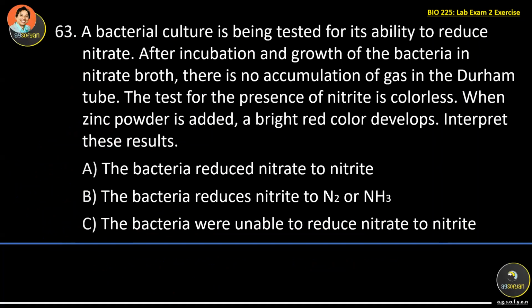A bacterial culture is being tested for its ability to reduce nitrate. After incubation and growth of the bacteria in nitrate broth, there is no accumulation of gas in the Durham tube. The test for the presence of nitrite is colorless. But remember, colorless means that maybe it is reduced or maybe not. When zinc powder is added, a bright red color develops. Interpret the result.